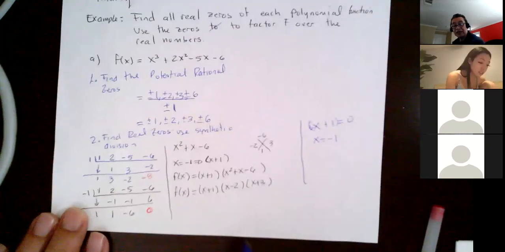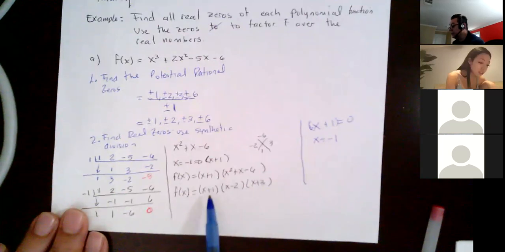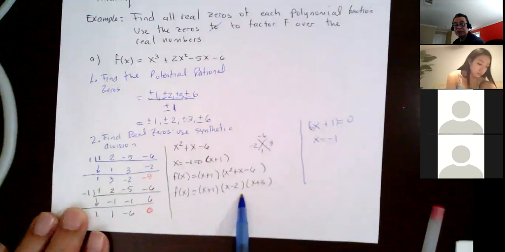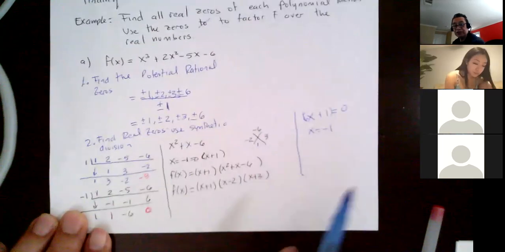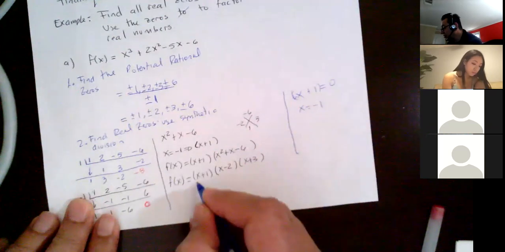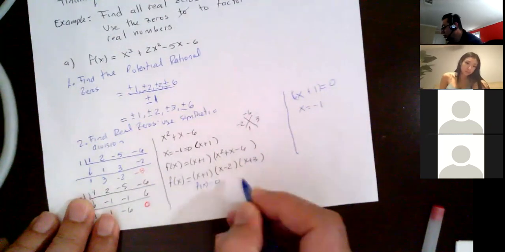So now let's find the solution. Now we're finding the real zeros. In order to find the real zeros, make f of x equals to 0 and solve.